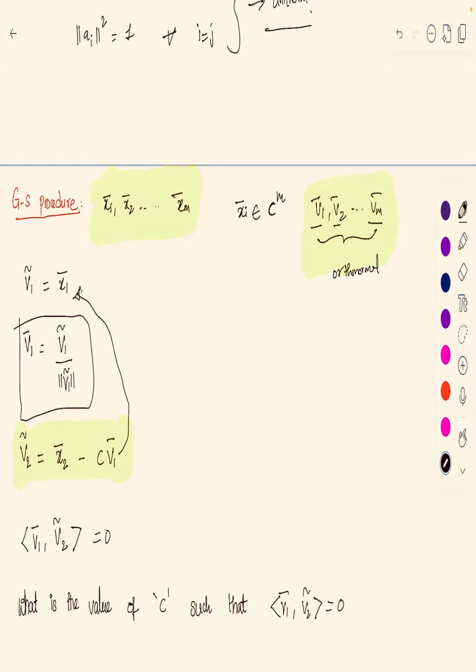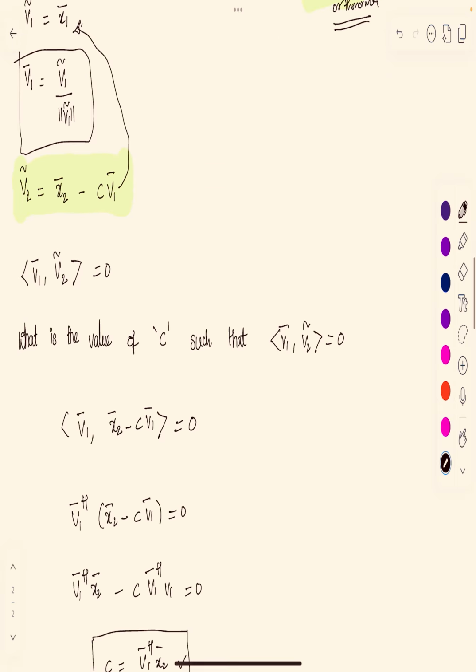So what are we doing in this procedure? We are eliminating the interdependencies between these vectors to make them orthogonal, and then we are normalizing them to make them unit norm, which generates the orthonormal basis set. That is why we defined V2 bar in such a way that we eliminate the effect of x1 bar on x2 bar.